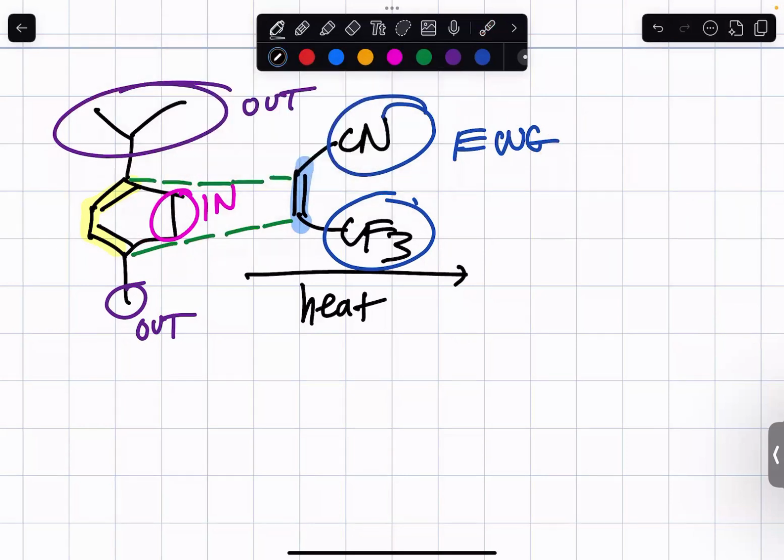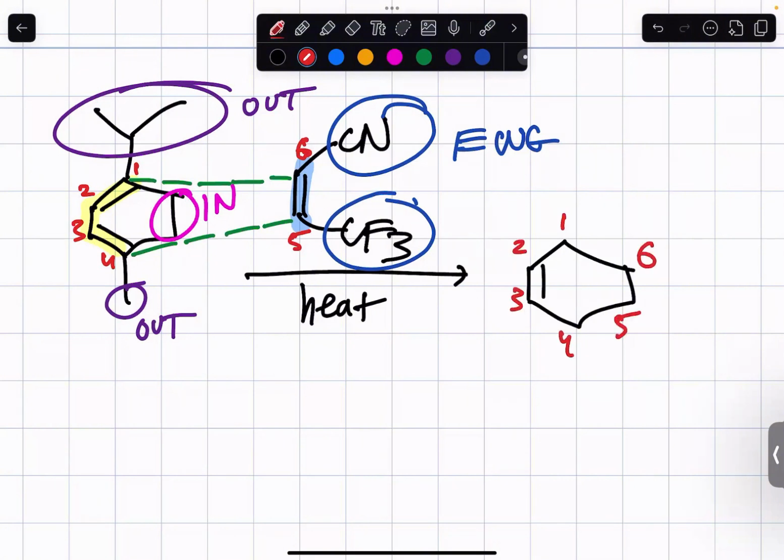So when I draw out the base template of the products right here, right, where if I number them like this, 1, 2, 3, 4, 5, 6, that's going to be this numbering system right here. 1, 2, 3, 4, 5, 6. So this product here is always going to be there for all Diels-Alder reactions. Everything else is decoration.